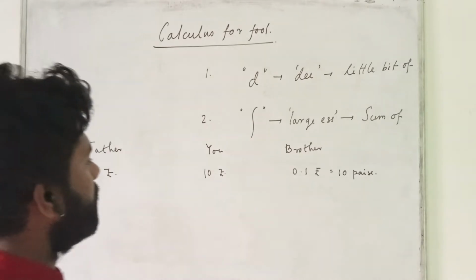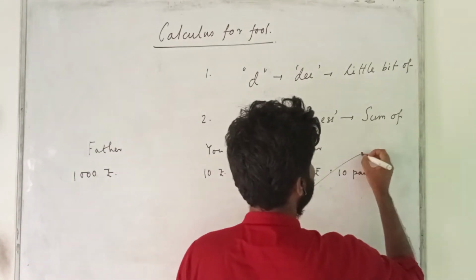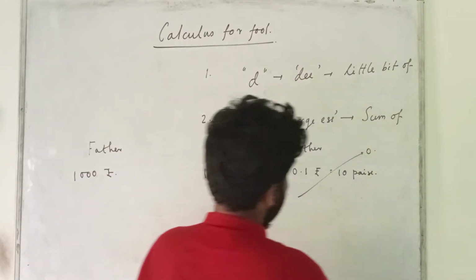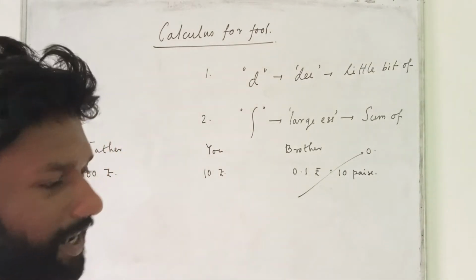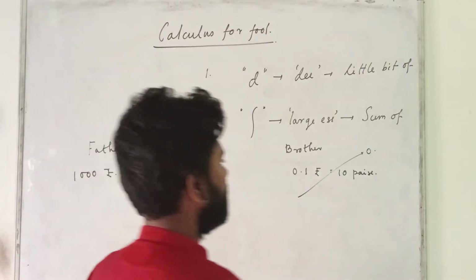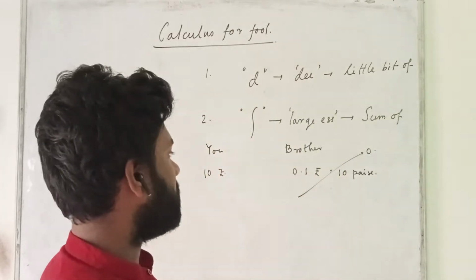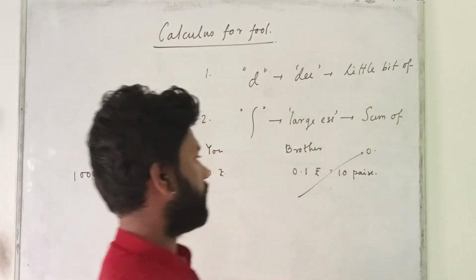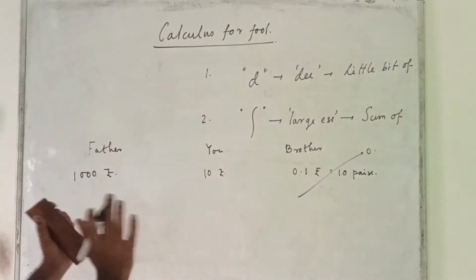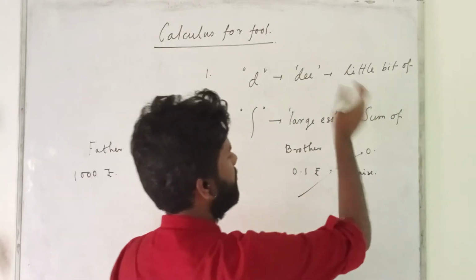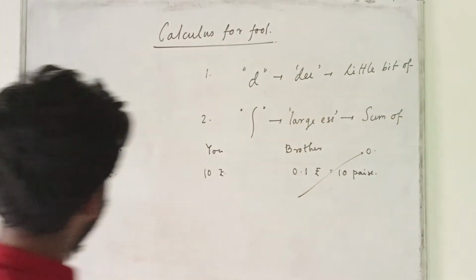You can ignore it. Your brother tells you, "Keep this amount, brother, I don't need it," because in present time it is a very negligible quantity. 10 paise means just zero, nothing.